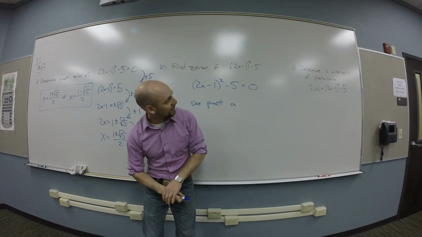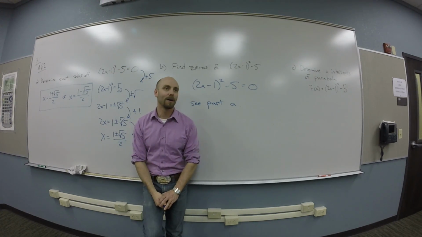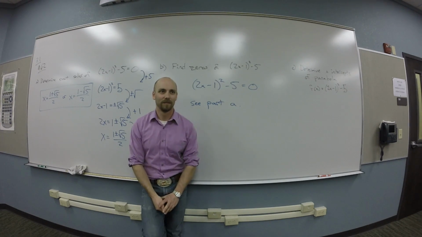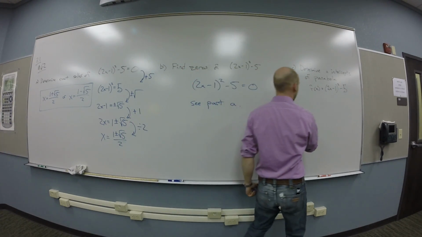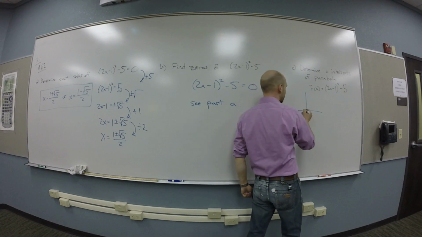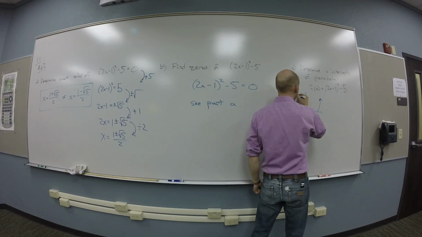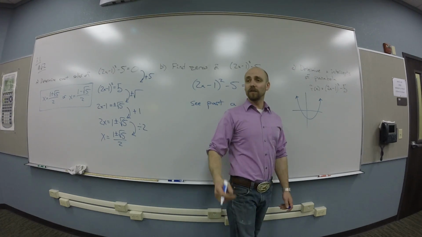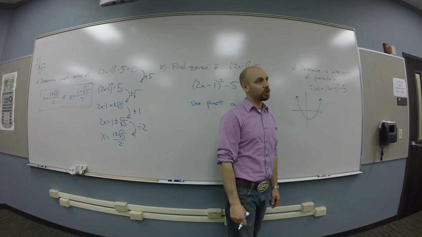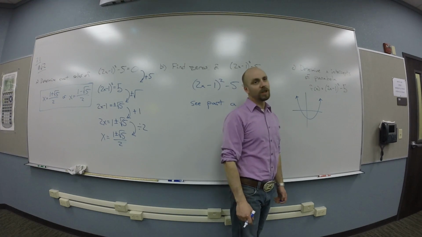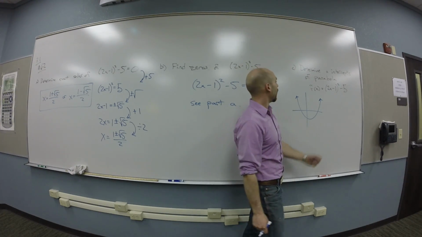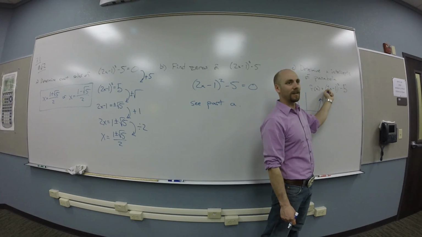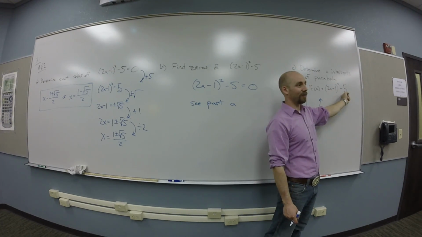How about C? C says determine the x-intercepts of this parabola. What are the x-intercepts of a parabola? They're really the x values of some points. Maybe my parabola looks like this. We could actually figure this out if we spent a little more time fiddling with shifting rules, but let's just assume it looks something like this. I at least know from shifting rules that it's pointed up, and then it's shifted down.